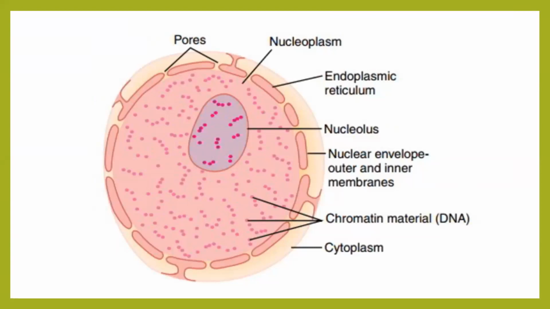So on the screen, the external pink color line which you are able to see is not a continuous line. It will have lots of breaks in between. And between those breaks, the very first label has been given as pores, which you can see exactly at 12 o'clock position.